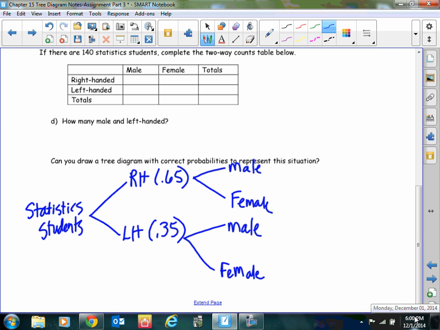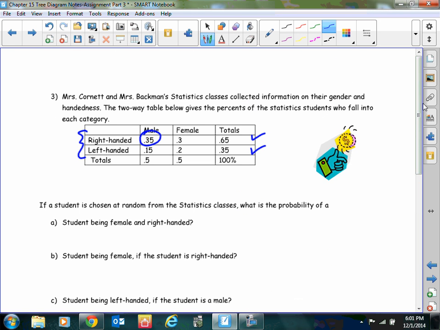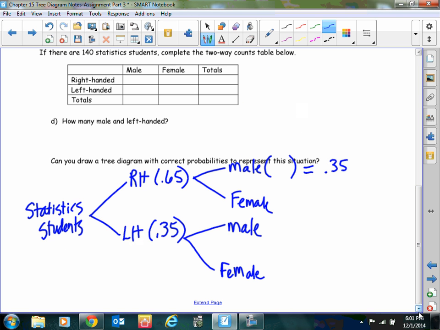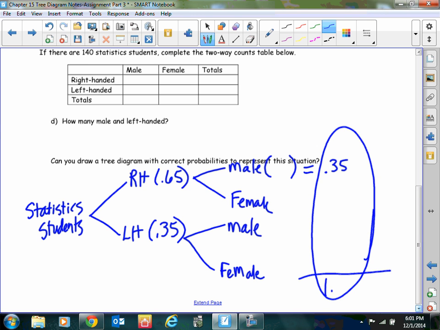So when I multiply 0.65 times some number, then 35% of the entire sample is right-handed males. And here's why. You see these 4 numbers here? These 4 numbers are the ones that total to 100%.